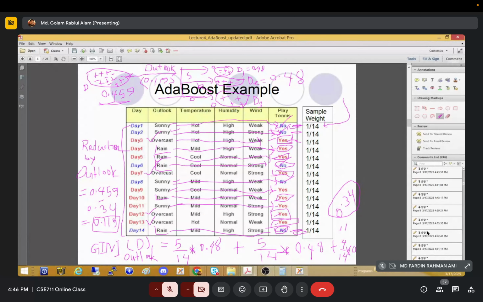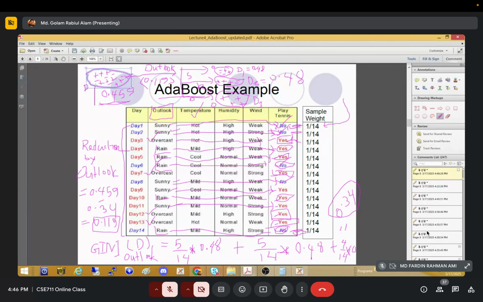Now what we have to do is think about another feature, the temperature feature this time. We can see temperature can be hot, cool, or mild, 3 types.